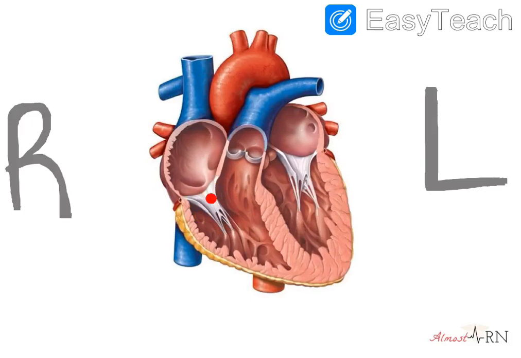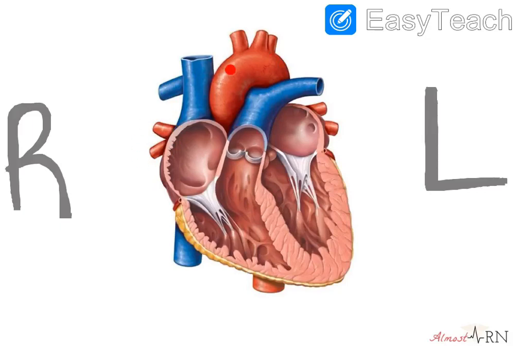The tricuspid valve moves down into the right ventricle, and then you have this valve, which is the pulmonary valve, and then this right here is the pulmonary artery. And then over here you have the left pulmonary veins, and over here you have the right pulmonary veins.